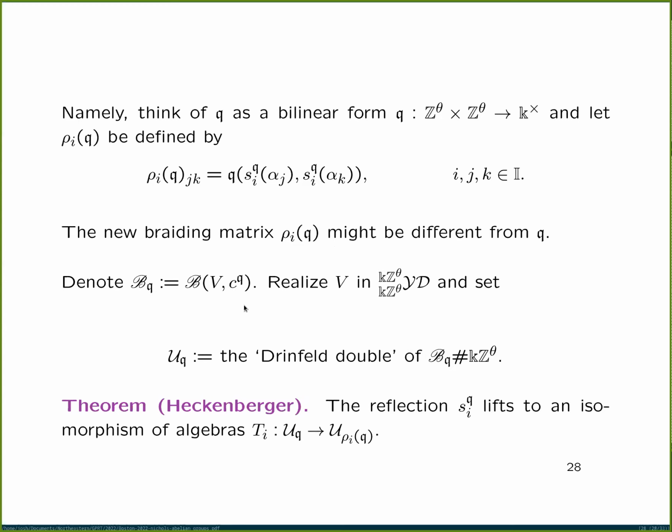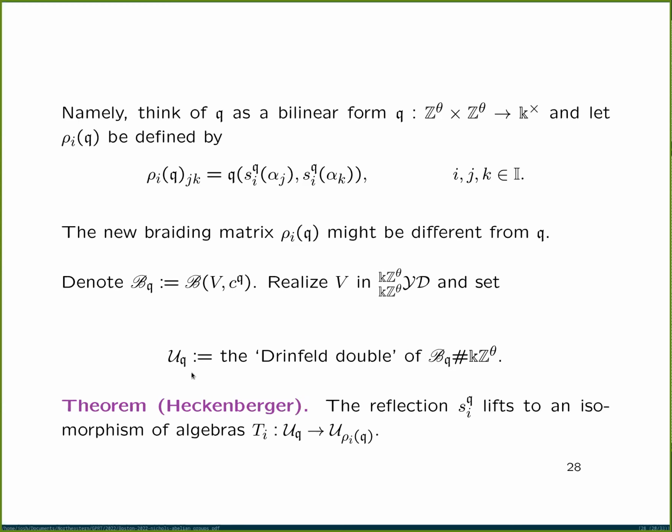And then I will call U_Q the Drinfeld double of this bosonization. So B_Q is a Nichols algebra. I realize it here. I can make the bosonization, I get an honest Hopf algebra, and I take the Drinfeld double. This is not finite dimensional, so I have to be careful of what I mean with Drinfeld double, but it doesn't matter, it can be done.